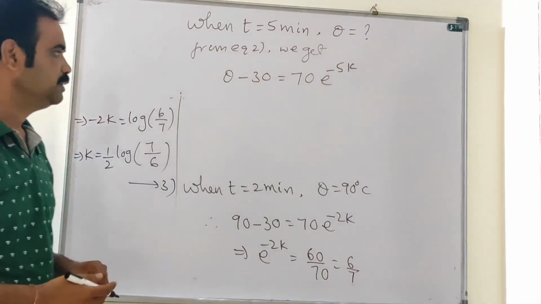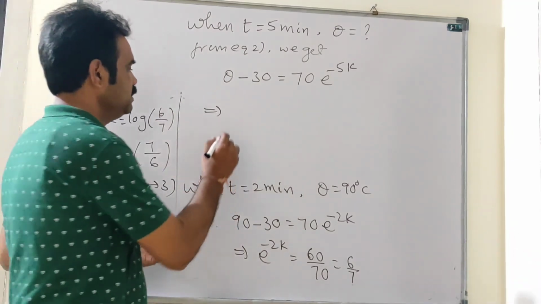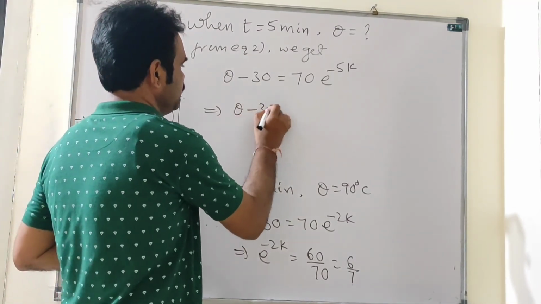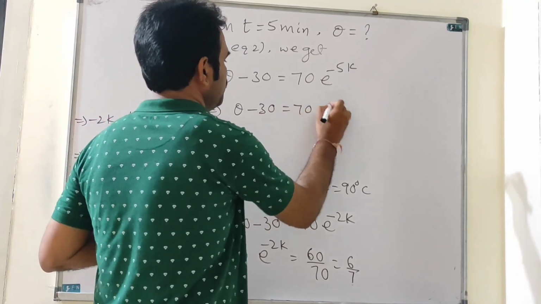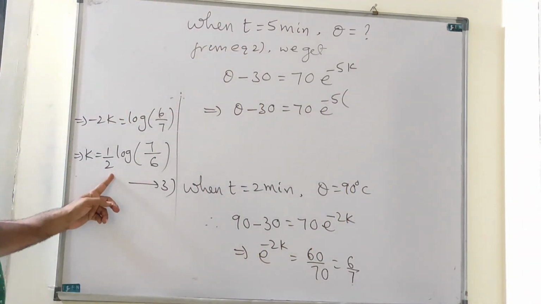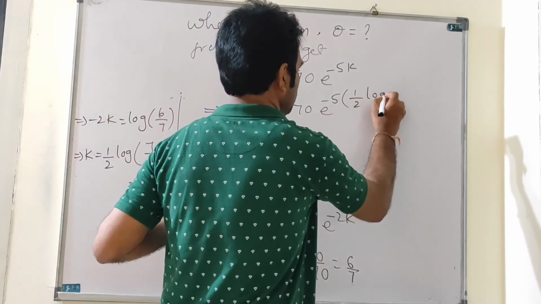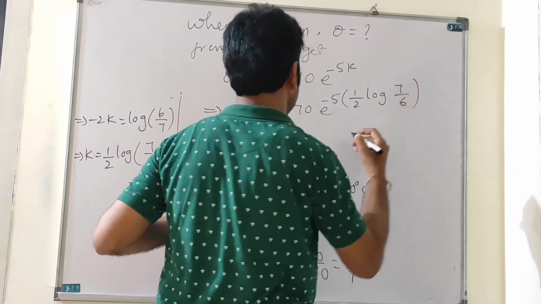Theta minus 30 is equal to 70 e power minus 5 into, from equation 3, the k value of 1 by 2 log 7 by 6.